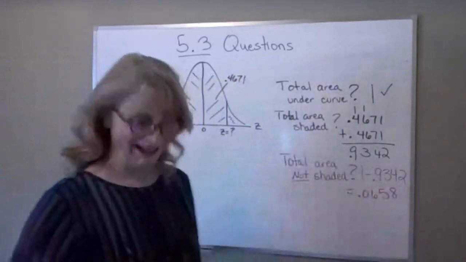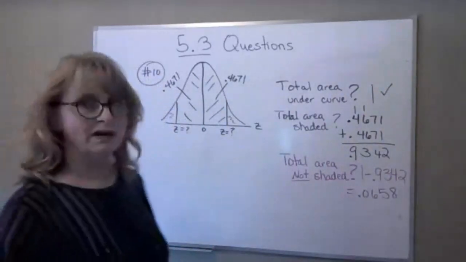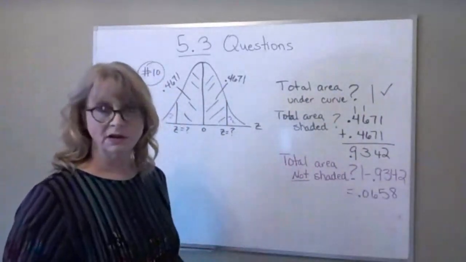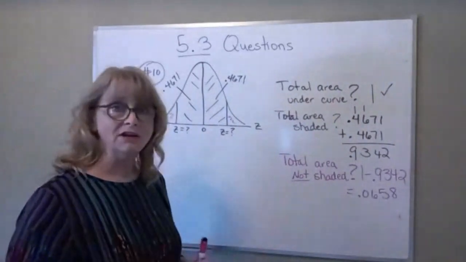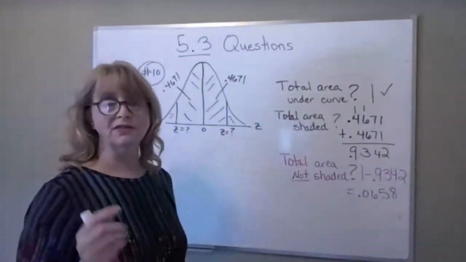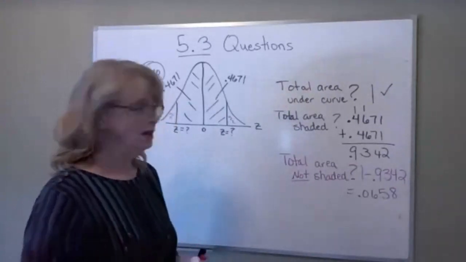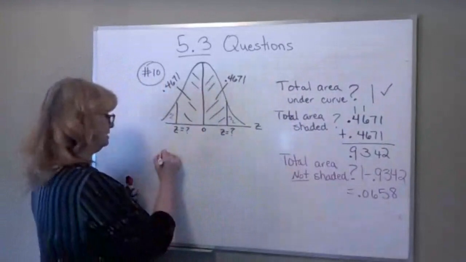Now let me tell you where I'm headed, okay? I'm asking you a lot of questions, and we can find the answers to these questions. But ultimately, what I need to figure out in order to find either of these z-scores is the area to the left of one of them so I can use the table. So let's write down what we need.